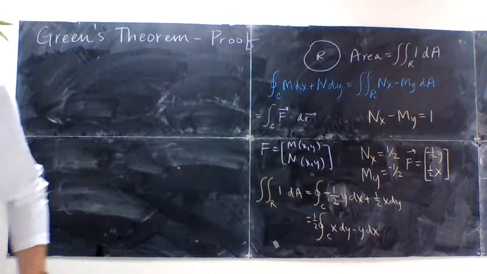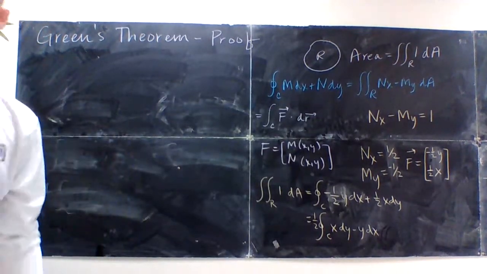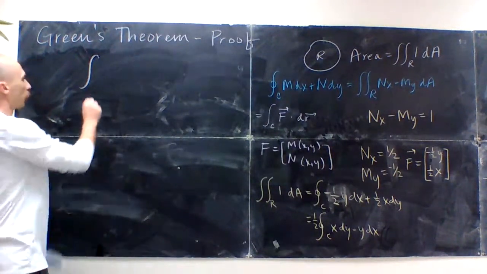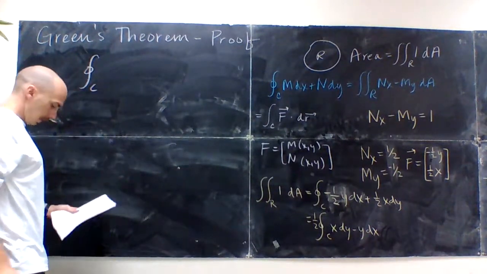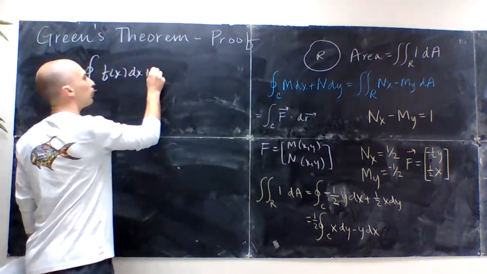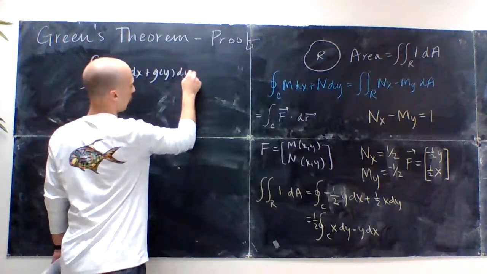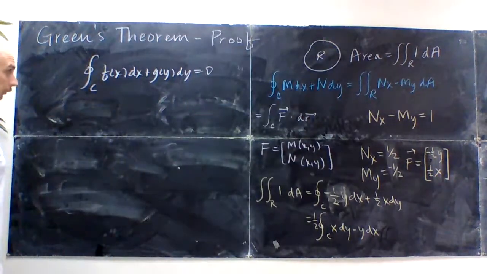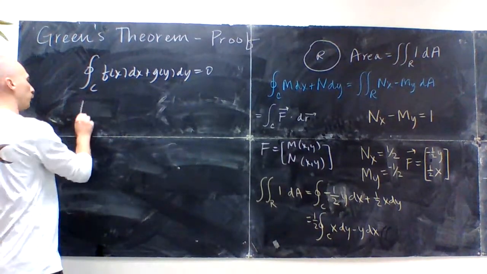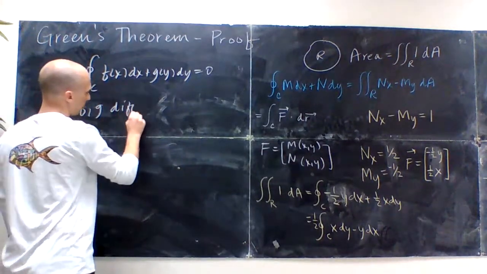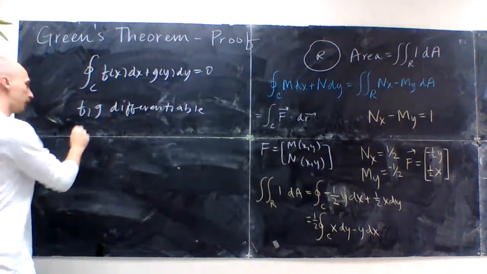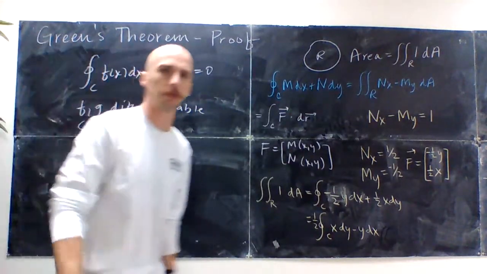The question is, can you show or explain why, and this is true, that the integral over a closed curve C of f(x) dx plus g(y) dy is equal to 0, provided that f and g are differentiable and C is the type of curve that passes all of our requirements.